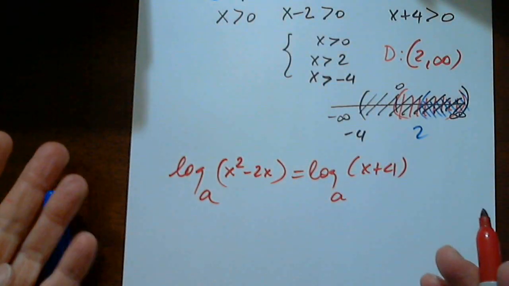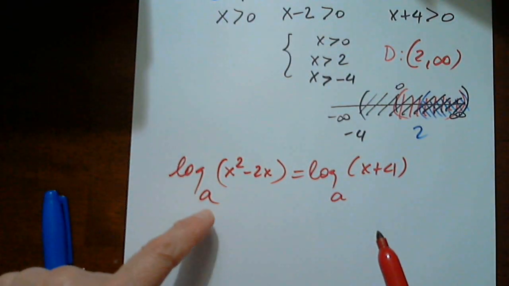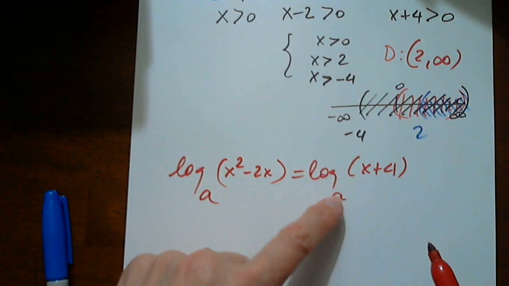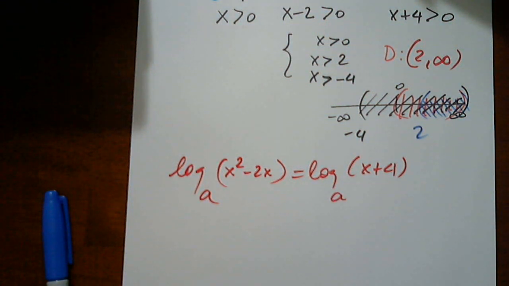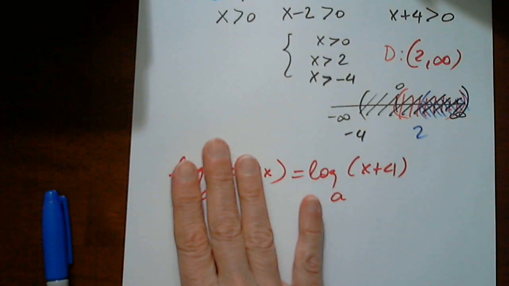So now what has to happen? For log base a of this to be equal to log base a of this, what has to happen, without which it's not an equation, it's not a possibility. It's a contradiction. But we are told this equals this.